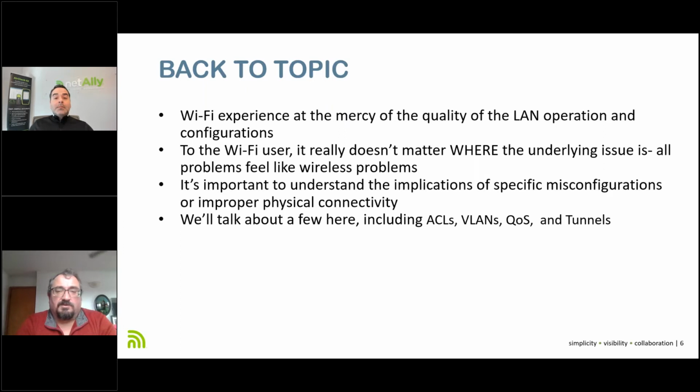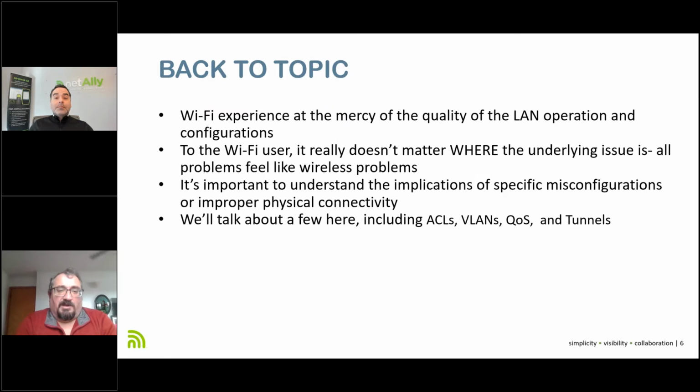Wireless is only part of the bigger puzzle, and it's easy to point to it as a failure when things go wrong, because that's where the users are. I have a problem, therefore I have a problem on wireless, therefore it must be wireless, even though we know that the LAN foundation underneath is very critical.